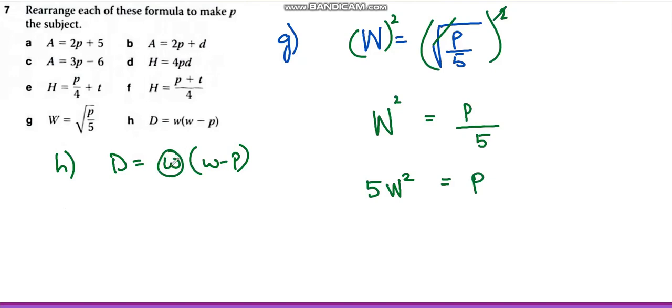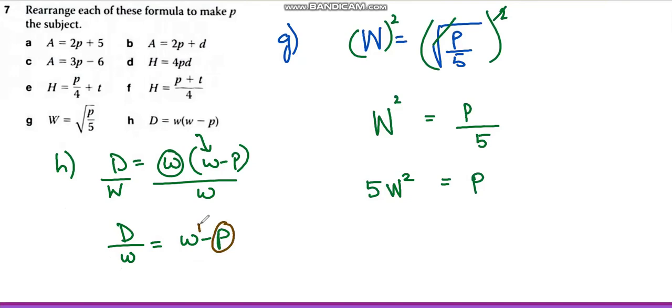So I want to remove this W, but before that, I need to remove it because it is multiplying the whole difference of W and P. So if I divide both sides by W, I will be left with D over W equals W minus P. Now I need P basically. Here P is a negative number. To make it positive, I will just shift this P towards the left, and I will shift this D over W towards the right.